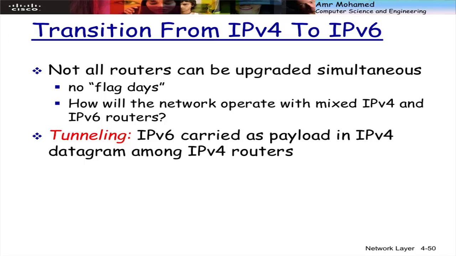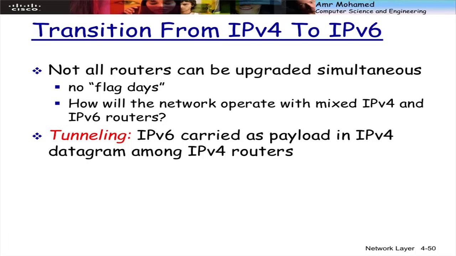So we will have to live for years with parts of the internet on IP version 4 and other parts on version 6. We will have to do that. But now, what techniques need to be there in order to allow for this coexistence of IP version 4 and IP version 6 together at the same time?